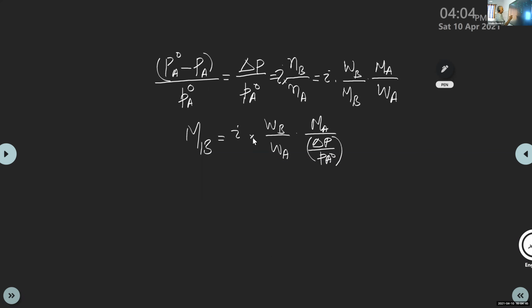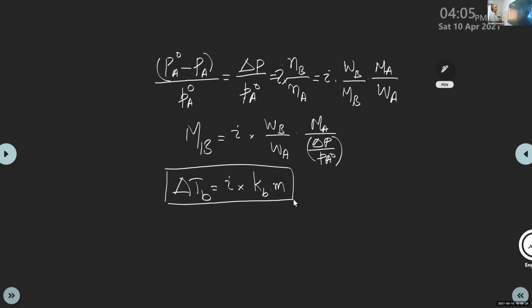Similarly, we have another colligative property, that is elevation of boiling point, delta TB. Do you remember the equation? Delta TB is equal to KB into small m. That is the previous equation. Now you multiply this with I. Delta TB is equal to I into KB into m, molality.